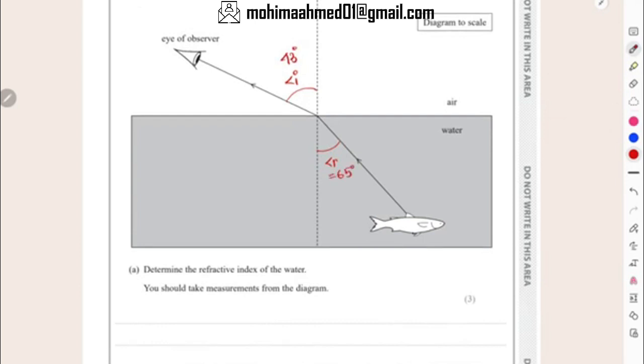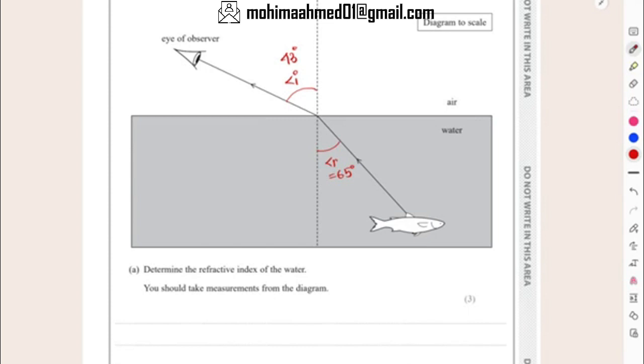Now if you print this copy at home and start measuring using a protractor, you will not get these accurate values because Pearson uses a quite different size paper, and we use A4 size paper for our printers at home. So your values might be slightly different, but overall this is the procedure. Just because your values are different doesn't mean that your maths is wrong.